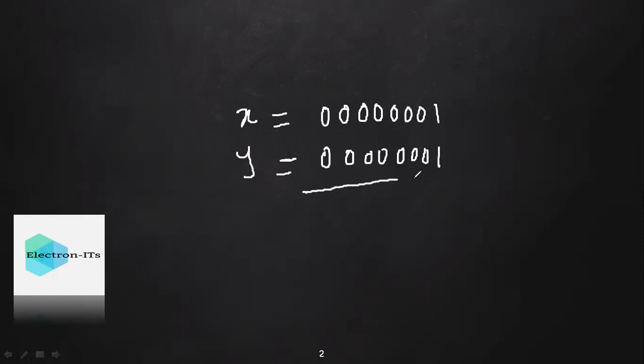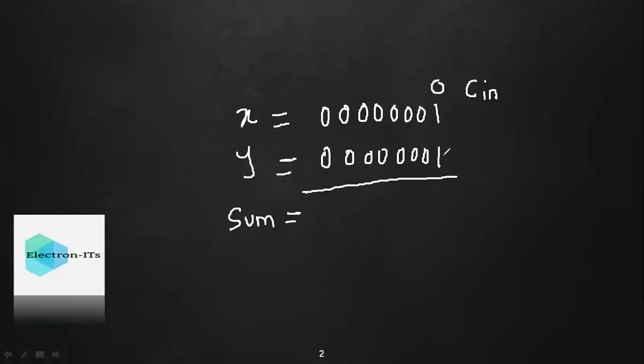Now I want to add these two, so I will store this operation in one variable, which I call sum. If there is an extra carry from the previous process, we call it C in, which is the input carry. That carry will be added to the LSB of the numbers.